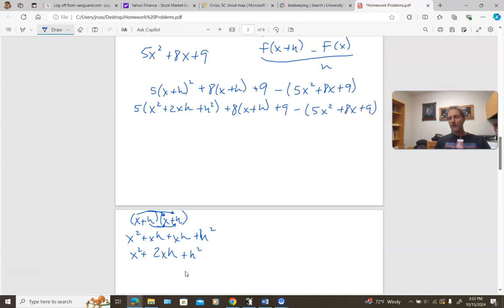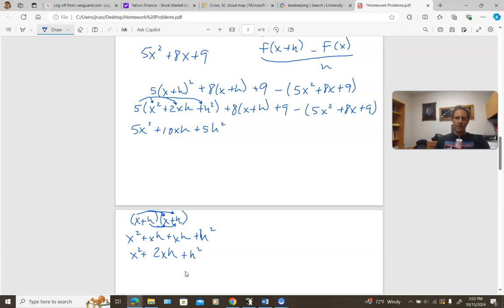Okay, now comes the distribution. So now you're going to distribute the 5. So you get 5x squared, you get 10xh, and you'll get 5h squared.